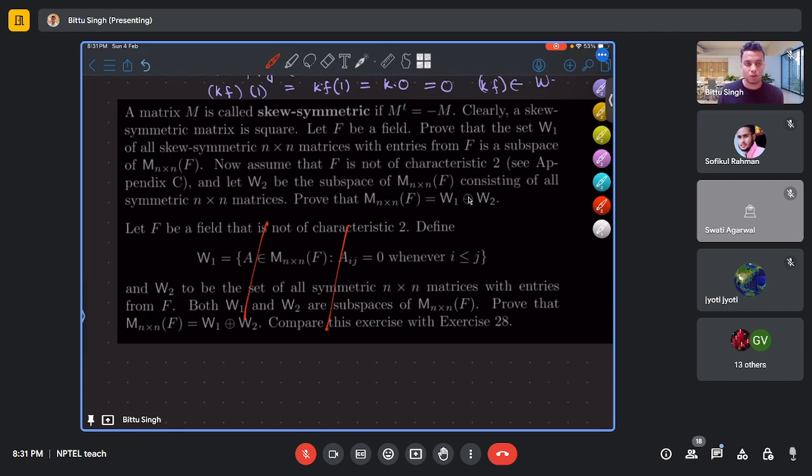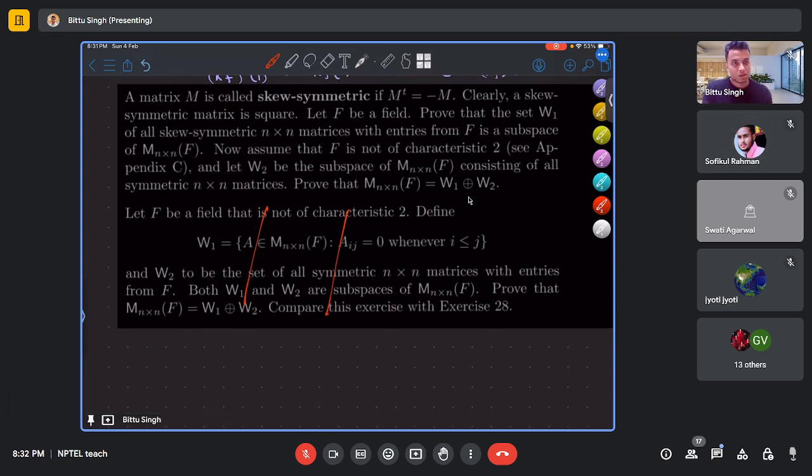So you know about skew symmetric and symmetric matrices, right? Yes. Then the question says, let us rewrite the question: is M cross N the same as the direct sum of symmetric and skew symmetric matrices?